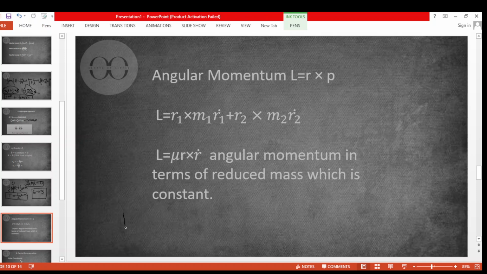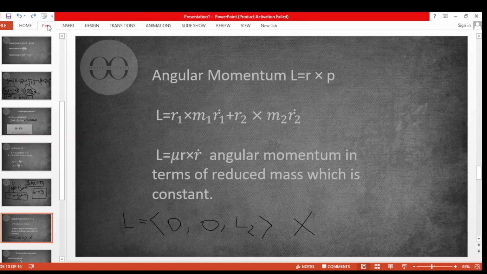Because the L vector equals 0, 0, Lz, as our objects are in the xy plane, sorry, my bad.